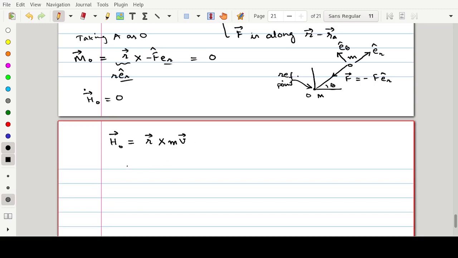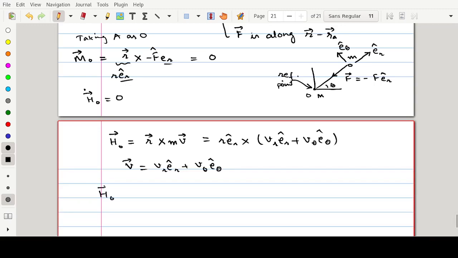You know that in polar coordinates v is v_r e_r plus v_theta e_theta. So I'll replace R by R e_r, cross product with v_r e_r plus v_theta e_theta.